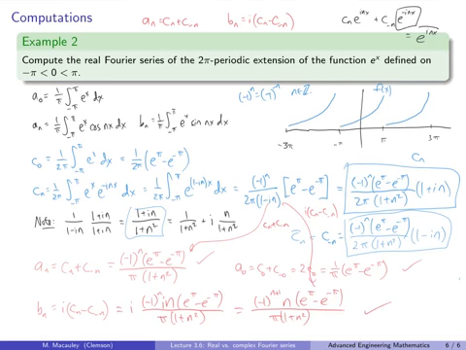If you want to define a function on a larger interval, then you need to use more and more exponentials. And in the limit, you can define a function on the whole real line using a continuous Fourier series. So instead of an infinite sum of complex exponentials, you can write them as an integral of complex exponentials, and that is called the Fourier transform.